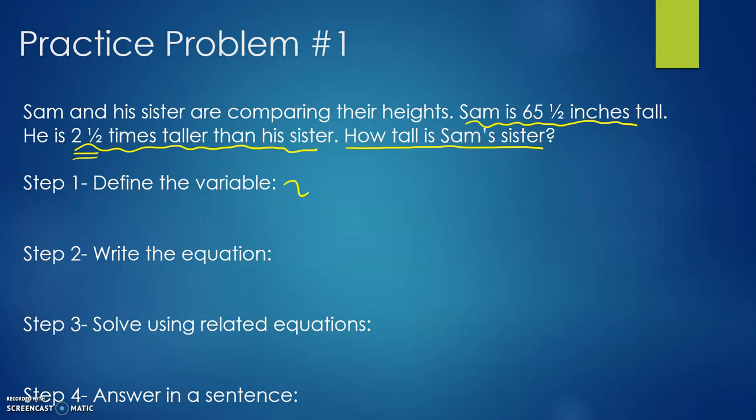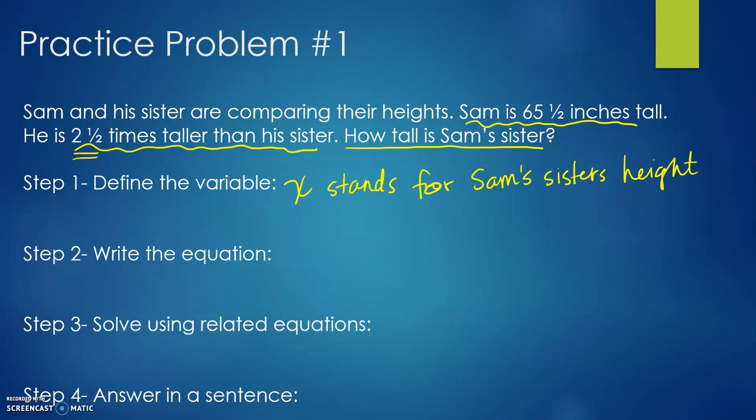So I'm going to say that x stands for Sam's sister's height. Okay, so what is our equation? Well, we know that Sam is 65.5 inches tall.